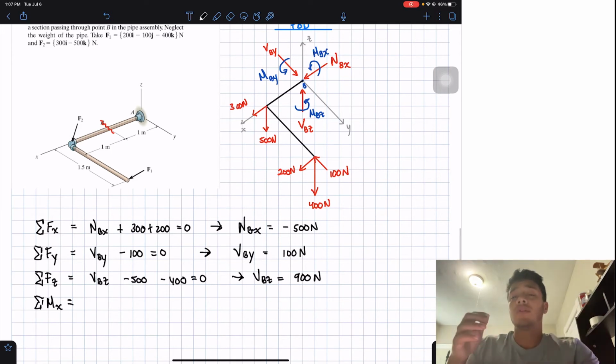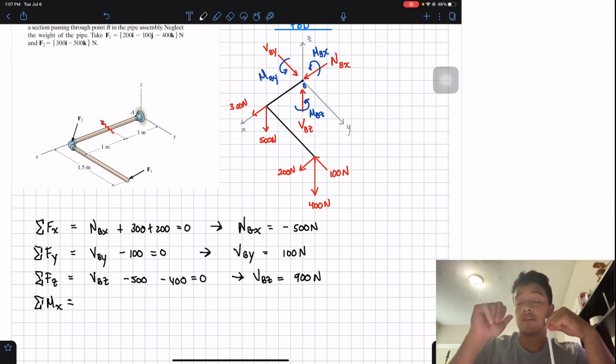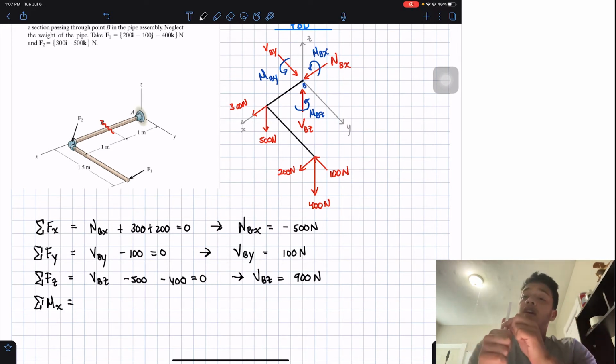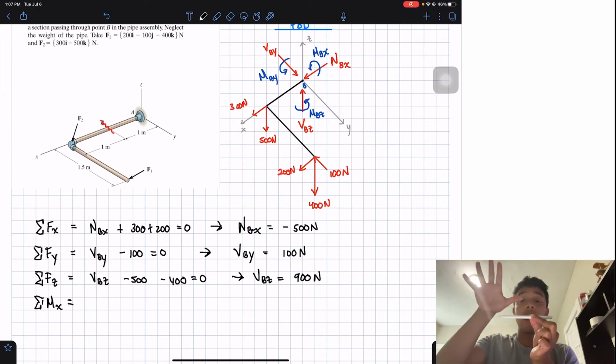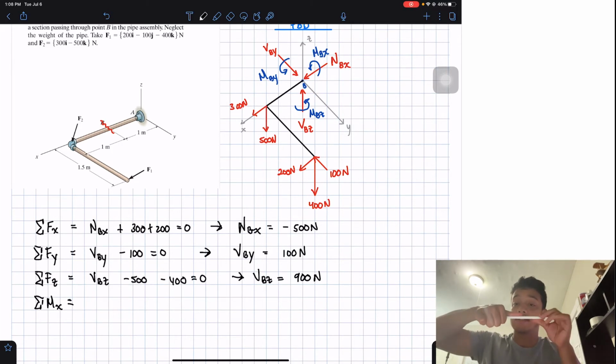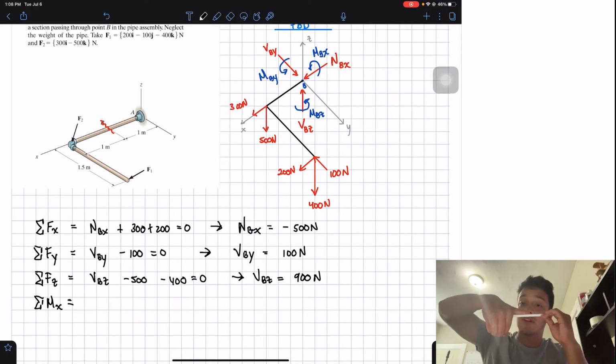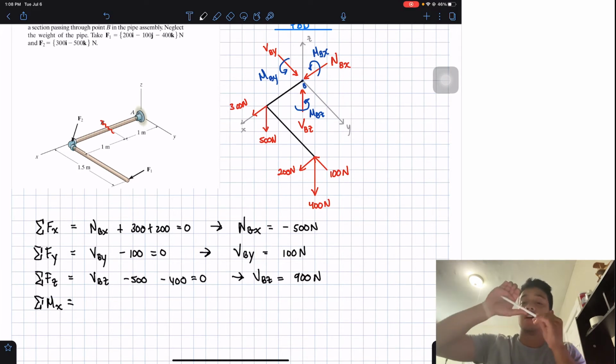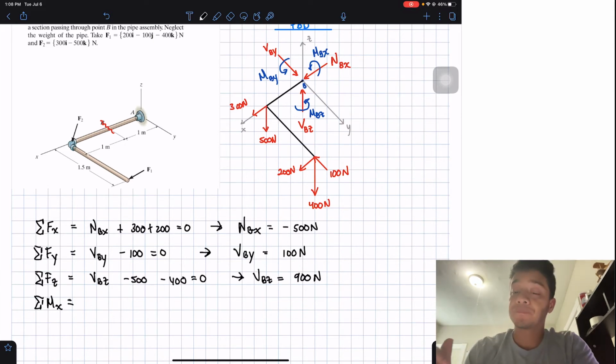In order to know which moments are positive and negative, I use the right-hand rule. So in this case, if my axis is in this direction, I place my right hand on it, and I use my thumb, placing it in the same direction as my axis. Then these fingers will tell me in which direction it's supposed to be rotating in order to be positive, okay?